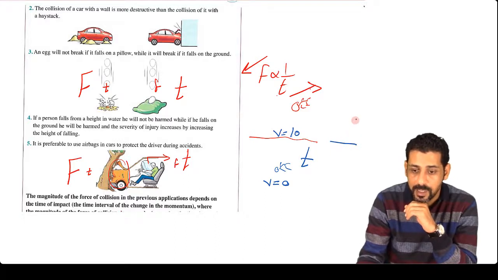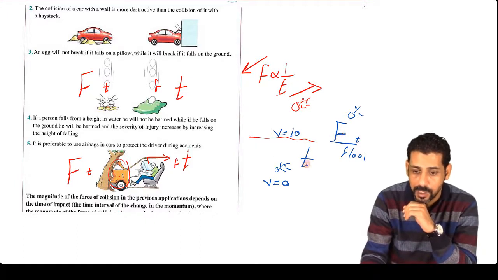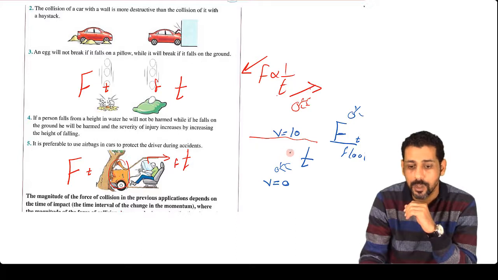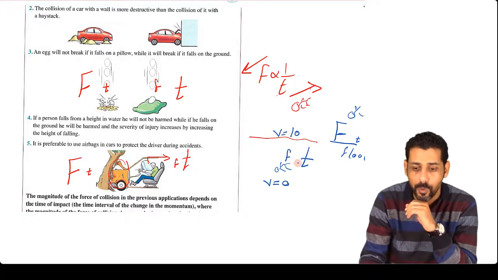Just imagine the same man jumping to hit the floor. طبعا this time will be very small, so the force acting on this man will be huge, but in water, because the time is big, the force will be smaller.